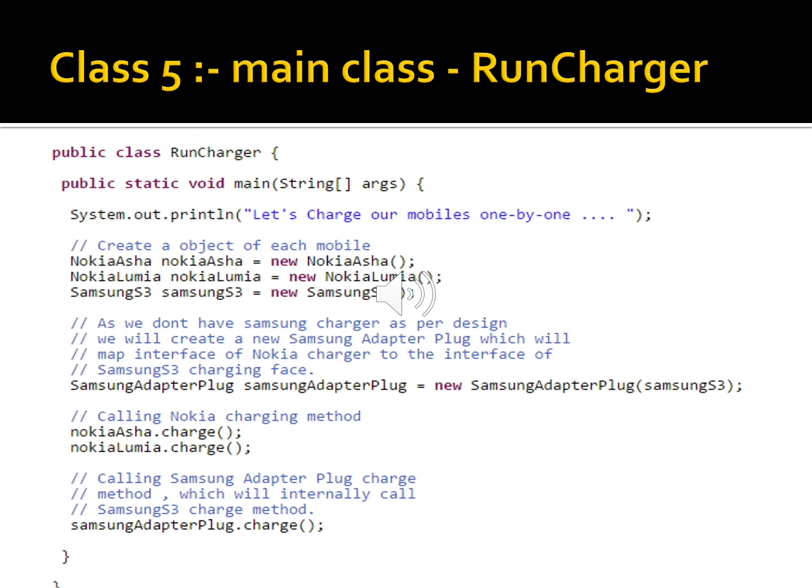And you can see that now you are using the same chargeable class to charge both the Nokia mobiles as well as the Samsung mobile. So by implementing this adapter class, you are able to connect the Samsung interface and the chargeable interface. You can see how we have resolved this incompatible classes issue by simply writing the third adapter class.